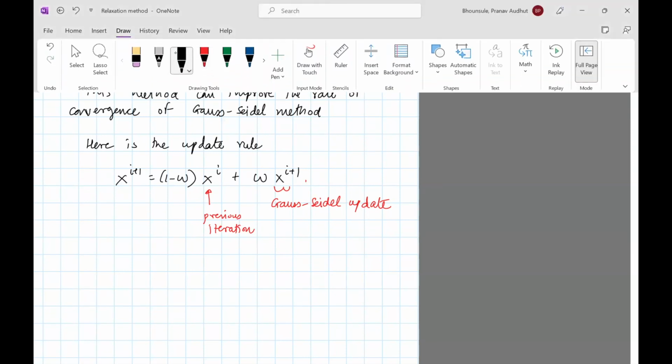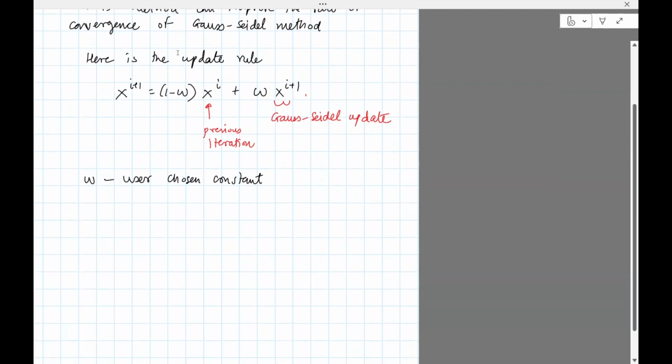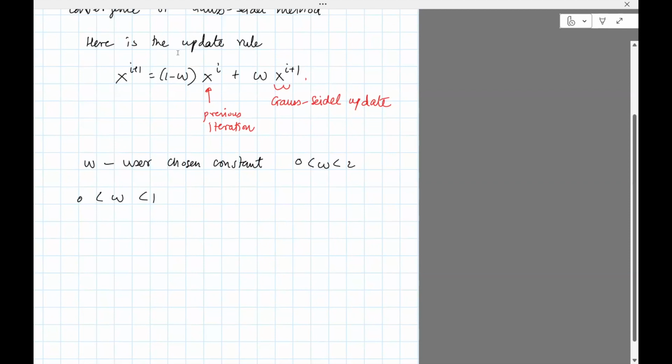The unknown there is omega, a user-chosen constant. Omega is typically between 0 and 2. If you choose omega between 0 and 1, this method is known as successive under relaxation.